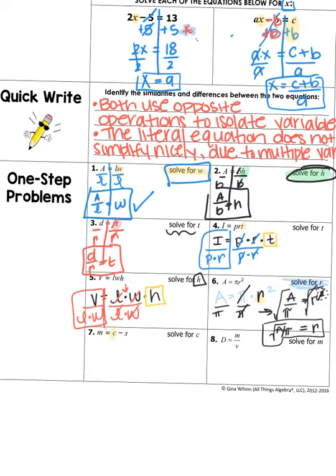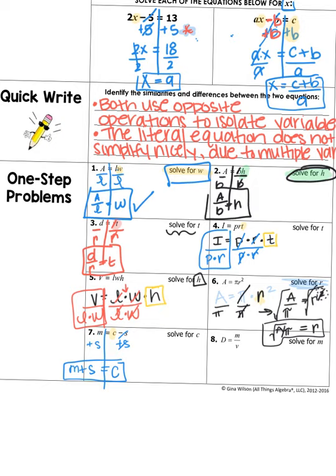So the first thing you're going to want to do is the opposite of subtraction, which is addition. So I'm going to add s over here. Minus s and plus s cancel, so I am left with just c. Now I can't really add m plus s, so this is just going to stay c equals m plus s.